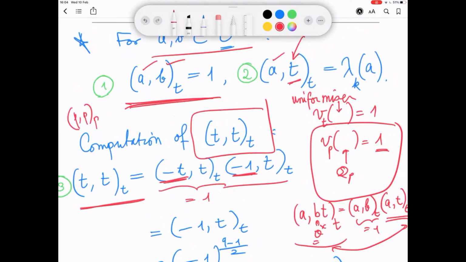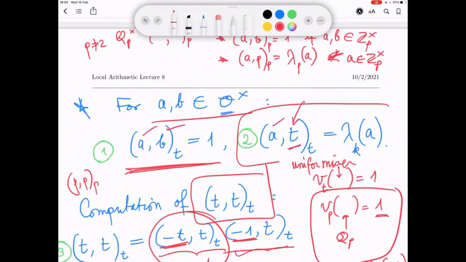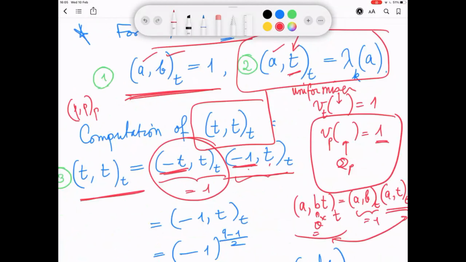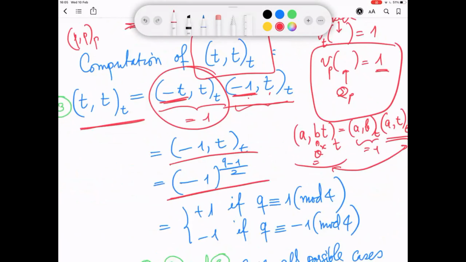And one of the properties tells me that this factor here is equal to 1. So I get this. And now I apply this second thing here. Here T is a uniformizer and -1, and so that's equal to 1.